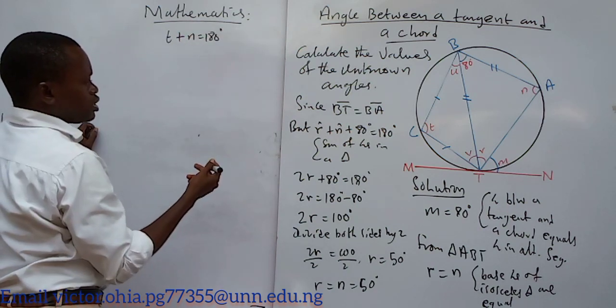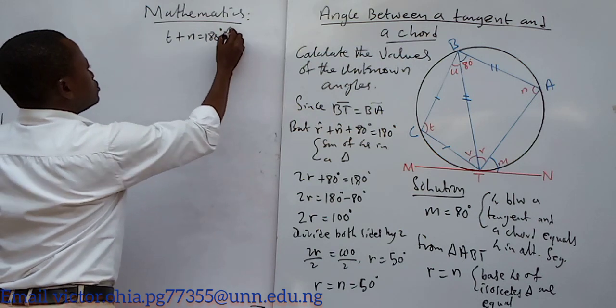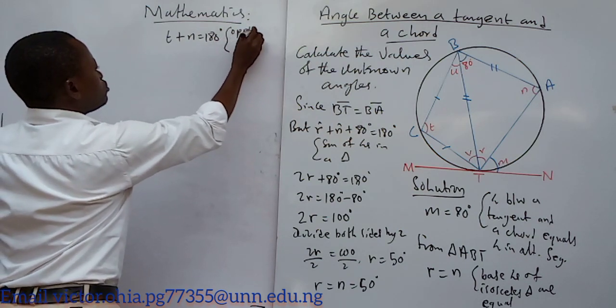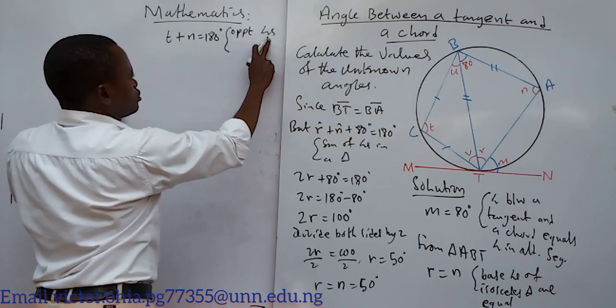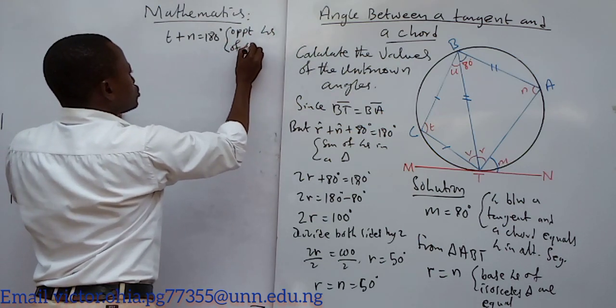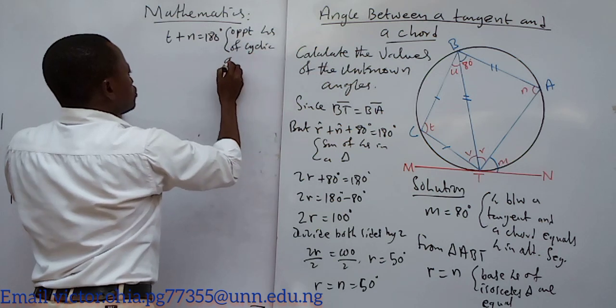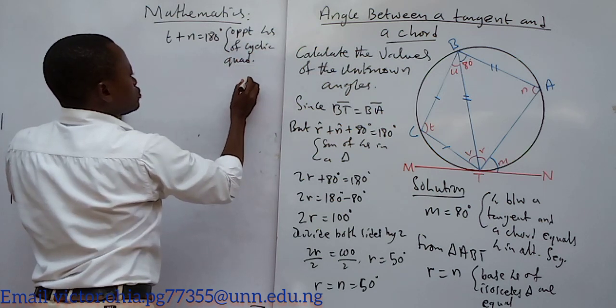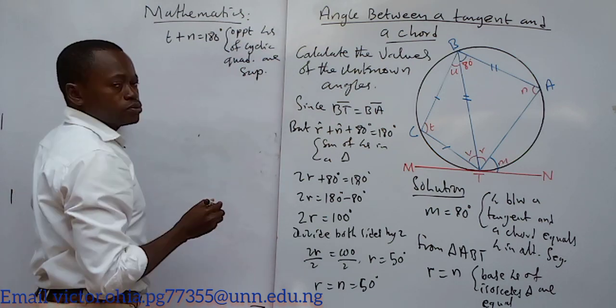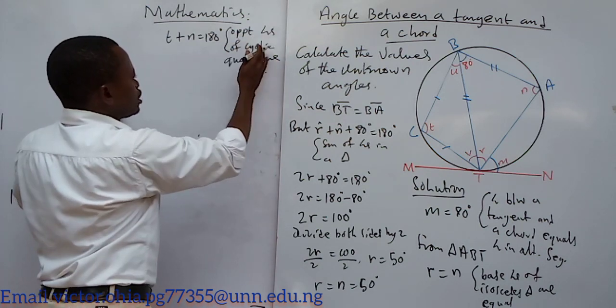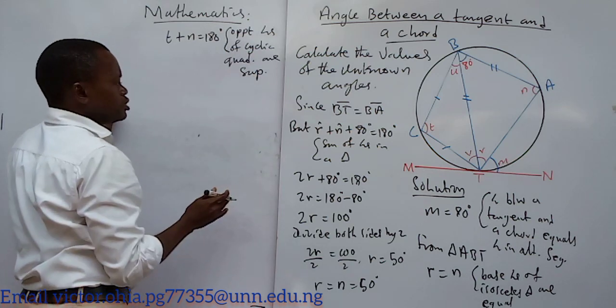I'm penetrating that triangle now. Why? Permit me to use the abbreviation: opposite angles of cyclic quadrilaterals are supplementary. Opposite angles of a cyclic quadrilateral are supplementary.